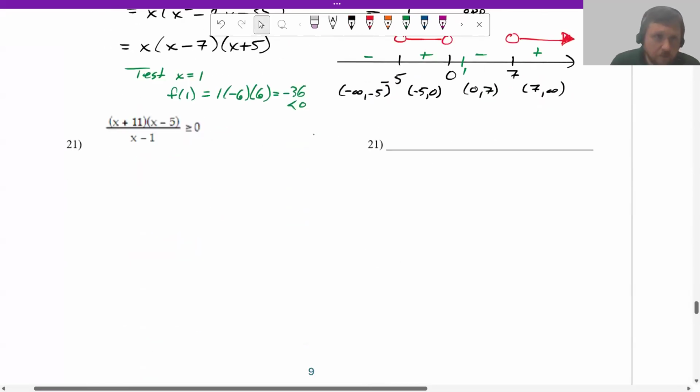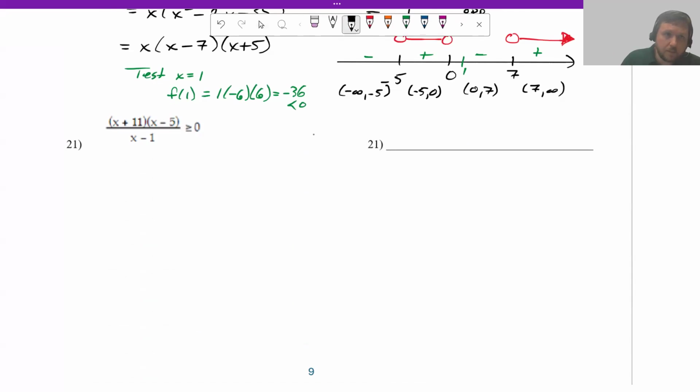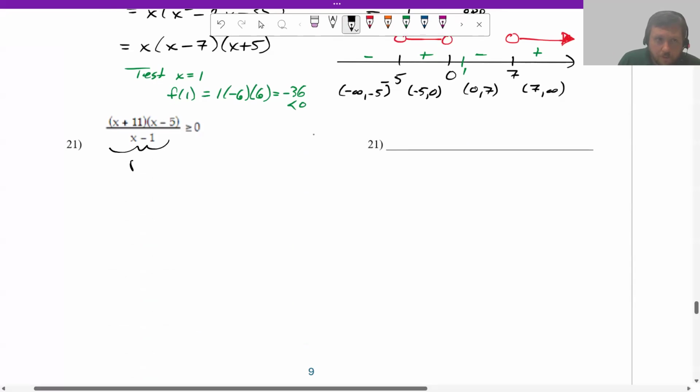Okay, now we have a rational function. So we have x plus 11 times x minus 5 all over x minus 1 greater than or equal to 0. Let's refer to this as f of x. And with a rational function, we want our critical values.